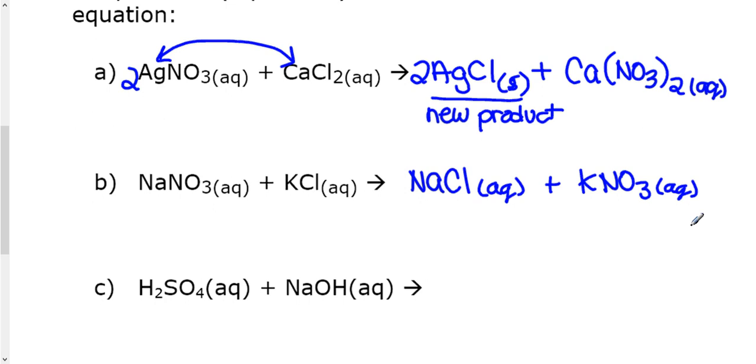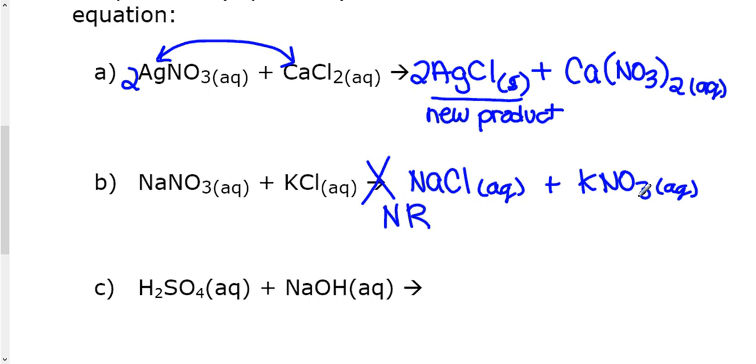But now, if you take a look, both are aqueous. Here, since both are aqueous, this reaction doesn't happen. No reaction. So you don't even need to write out the products for these ones. You can just write no reaction, but if you find it easier to write out the products and then decide whether a reaction takes place, you can do that.